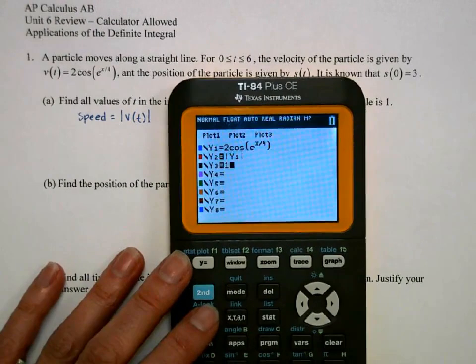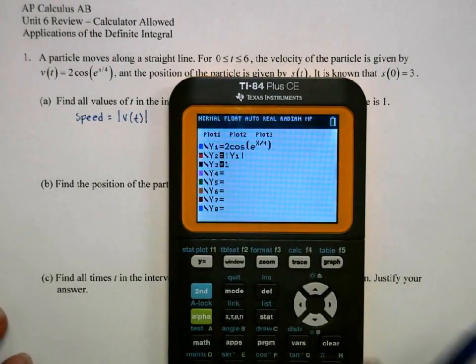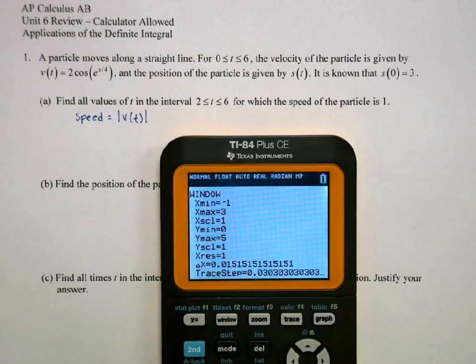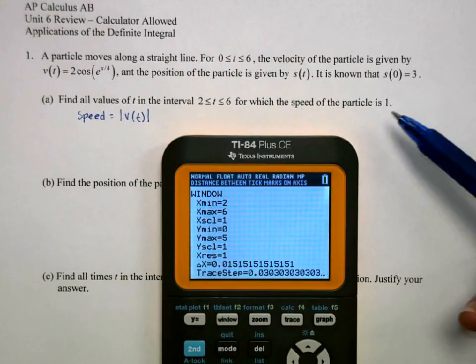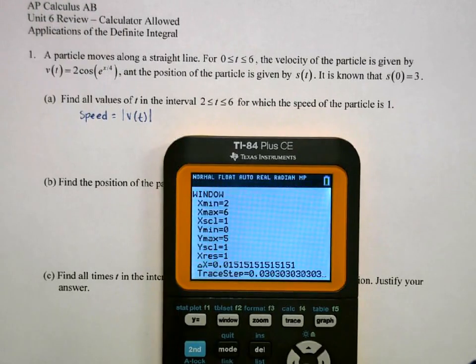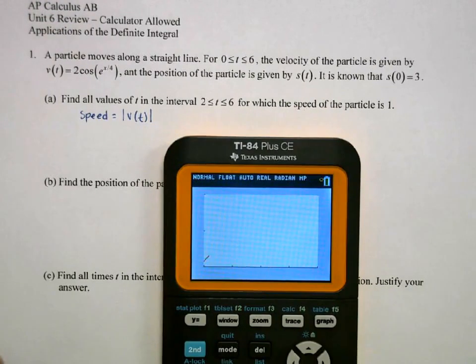And then I'm also going to graph 1, because I want to know when that absolute value of the velocity is equal to 1. For my window, my x values are going to go from 2 to 6. And then for my y's, I need to be able to see 1. So I'm going to go from, let's say, 0 to 2. And then we'll graph.